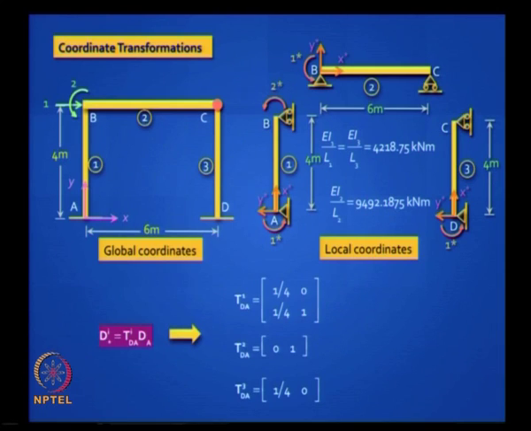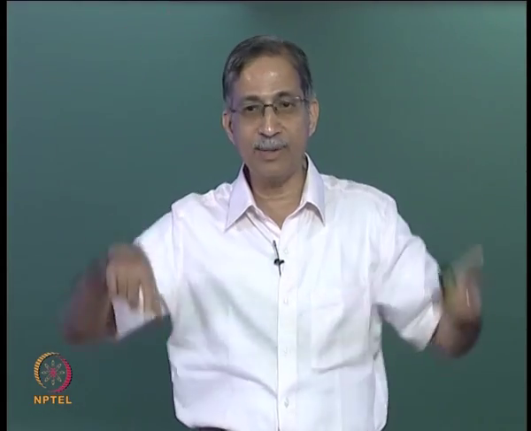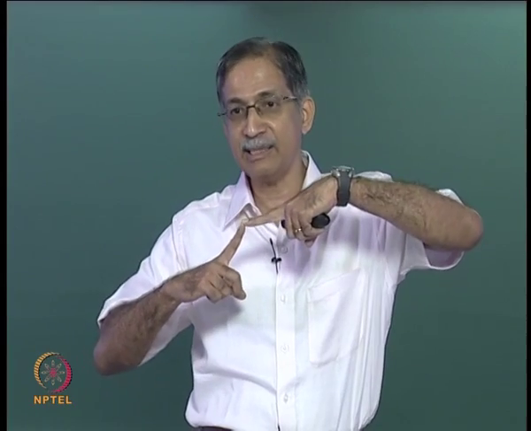How will this change? This is the change. Another thing, in your global coordinates D3 is gone now, because you can't talk of D3 in your structure because you have 2 different rotations in the connecting members. So you remove it, you don't need to put a clamp here, just remove it silently. So you have only 2 degrees of freedom.